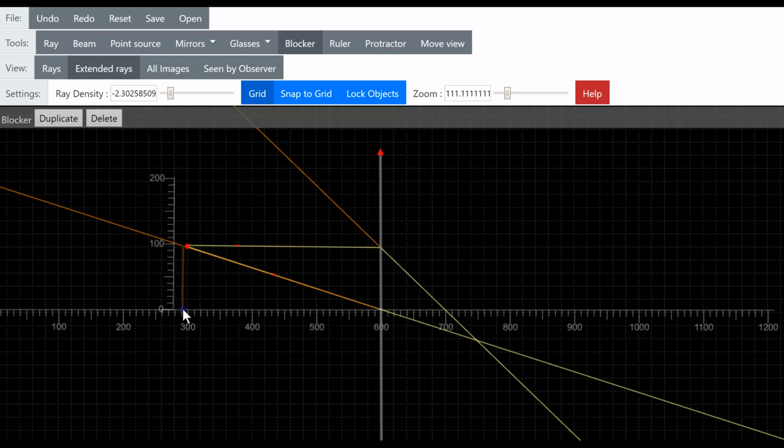Now I'm not going to put that at the 300 centimeter mark because it's a blocker, or in everyday language it's called a screen. And then I could adjust this blocker or screen, and you could see that if I put it there, it blocks the rays, but I can adjust it so that it tells me where the rays are going to be in focus right here.